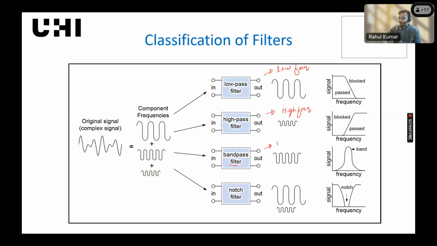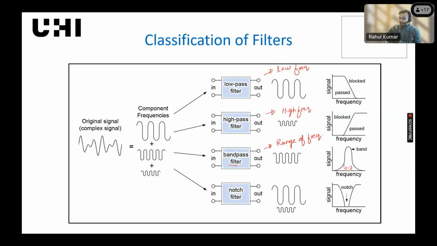It will allow only a range of frequencies to pass. Any frequency above that, it will remove. Any frequency lower than that, it will remove. Right? So it will only allow a band of frequency, a range of frequency.